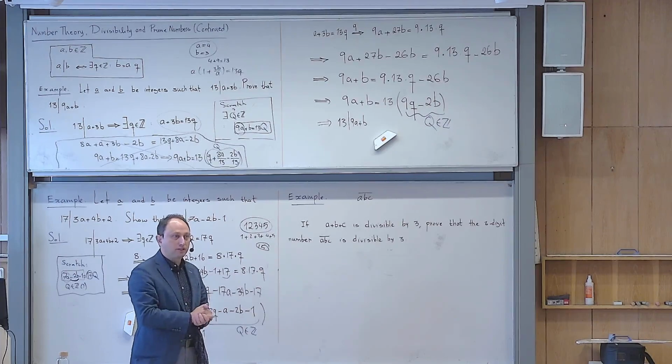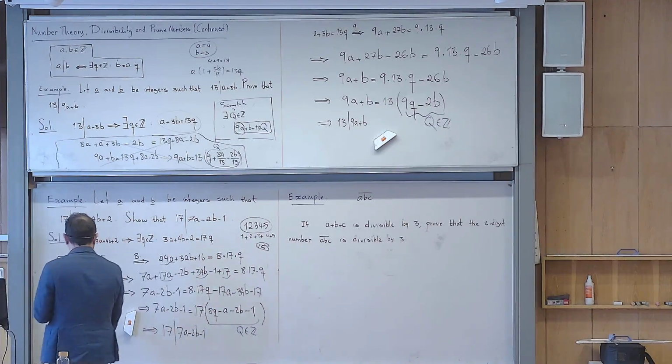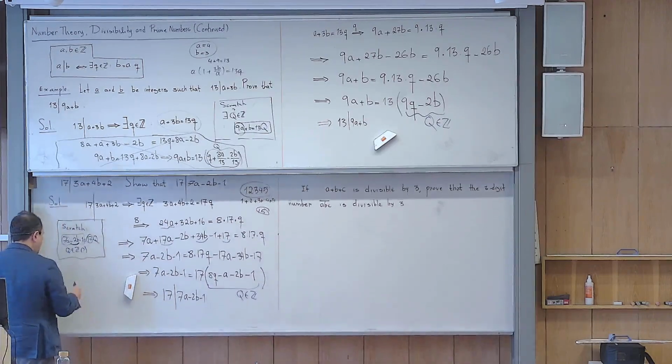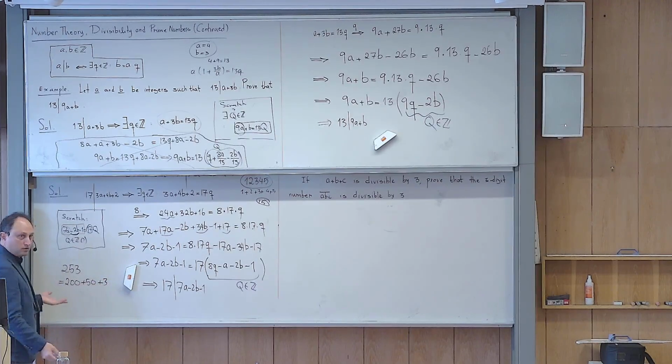Yeah, so that was the idea. So every 3-digit number, for example, when I say 253, do you agree 253 means what? 200 plus 50 plus 3. Do you agree? So this is the meaning.